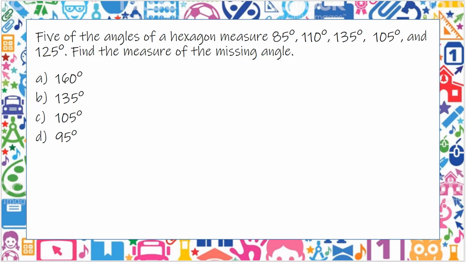Five of the angles of a hexagon measure 85 degrees, 110 degrees, 135 degrees, 105 degrees, and 125 degrees. Find the measure of the missing angle. Well, we first have to start out with finding out how many degrees are in a hexagon.